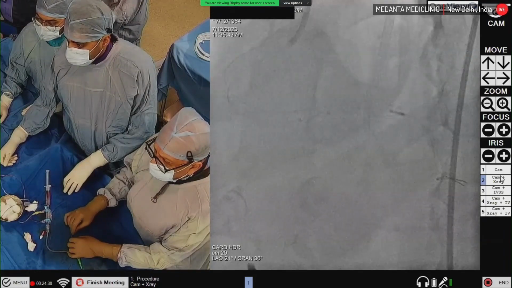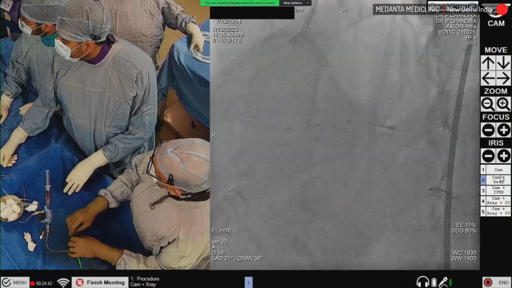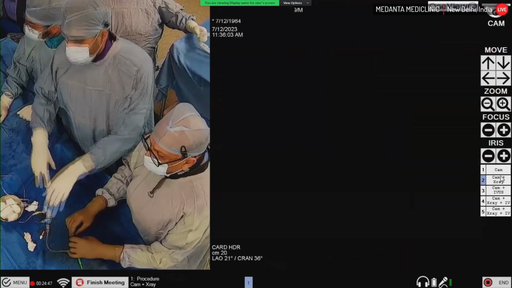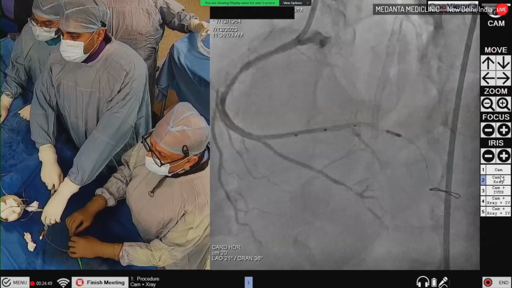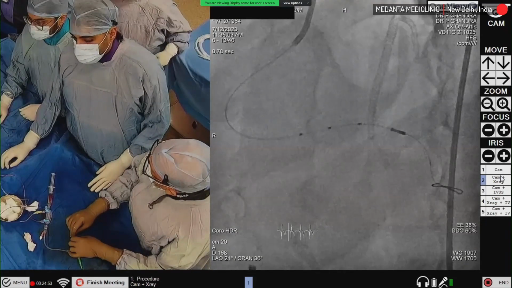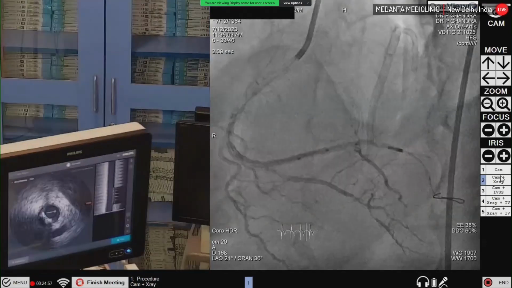So it moves by quite nicely, you see. Yeah, it has crossed the lesion. And we go a little bit more distal. So this is the distal most part, okay? Can you check, please? Okay, so the vessel looks like a 2 millimeter vessel.